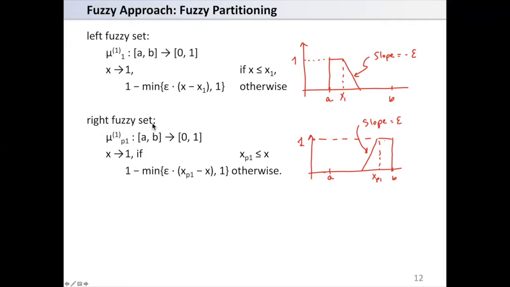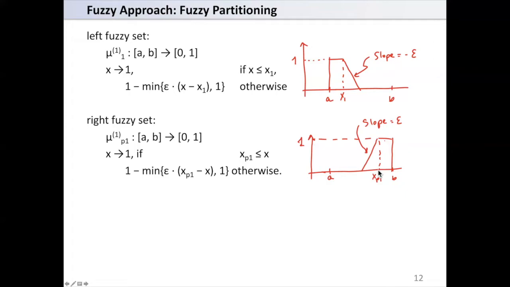For the right fuzzy set, around xp1, the membership function p1 for the reference set x1 is a function from interval [a, b] to interval [0, 1] such that the value of the membership at point x is 1 if x is greater or equal to xp1, that is, if x is in this region, the value of the membership function is 1.